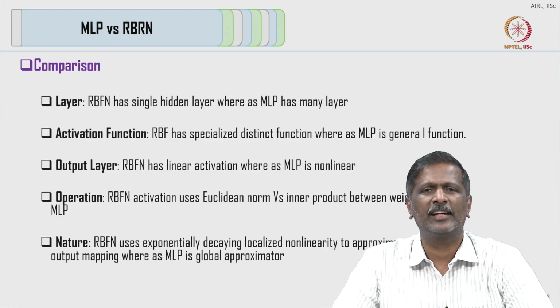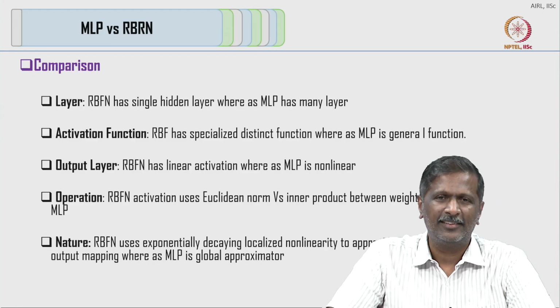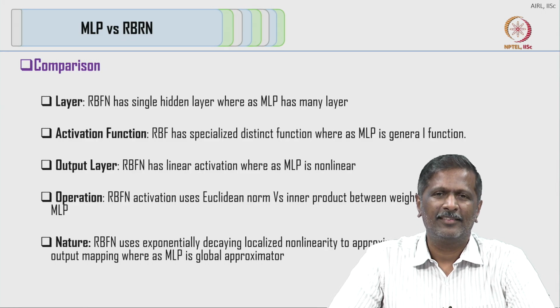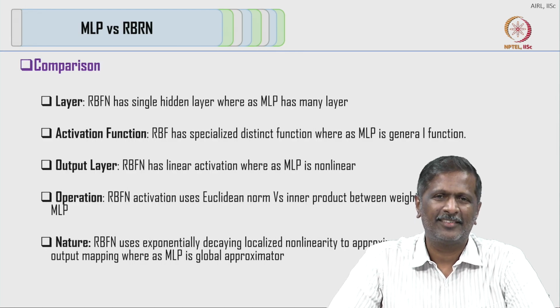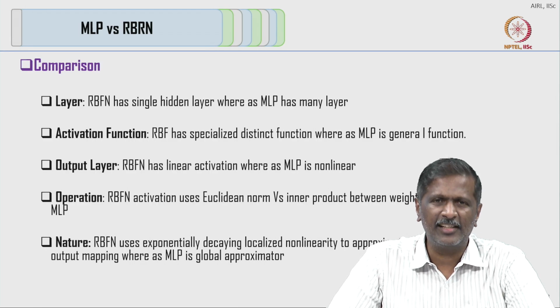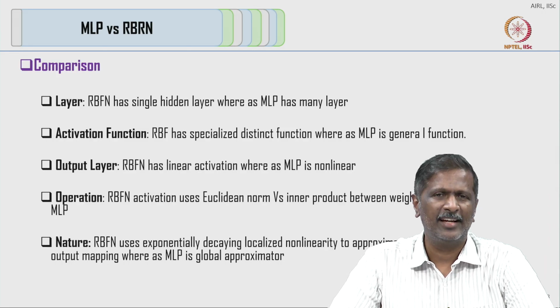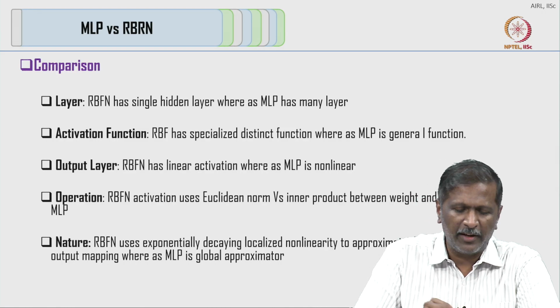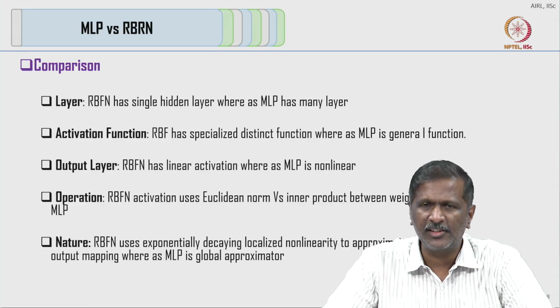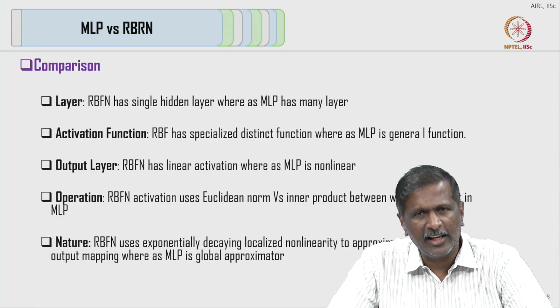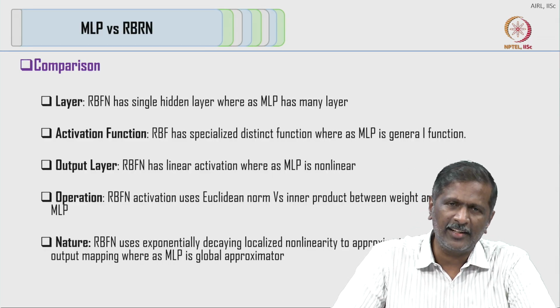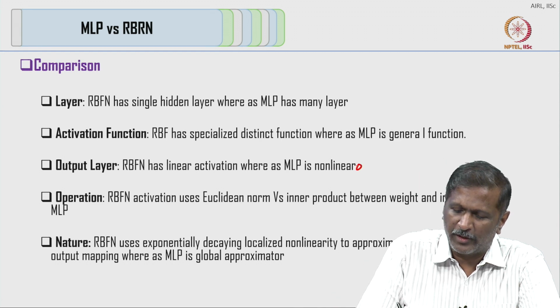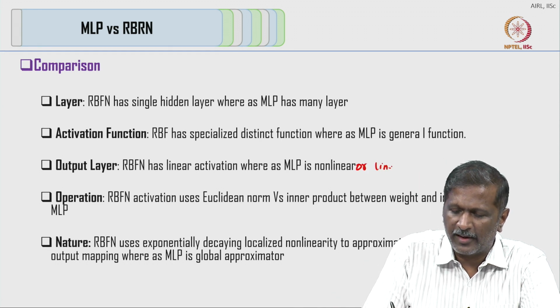We saw what kinds of activation functions are possible: linear, sigmoidal, unipolar, bipolar, and any general function can be used as an activation function. In the output layer, RBFN has a linear activation function, whereas in multilayer perceptron it could be linear or nonlinear. You can do both, right?